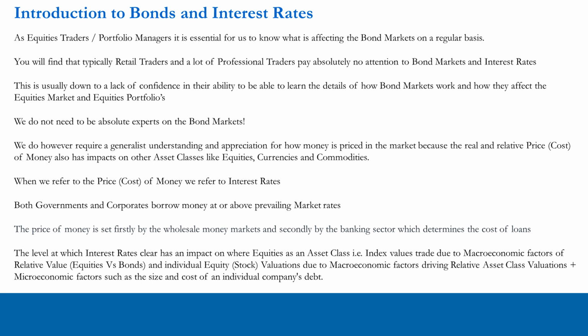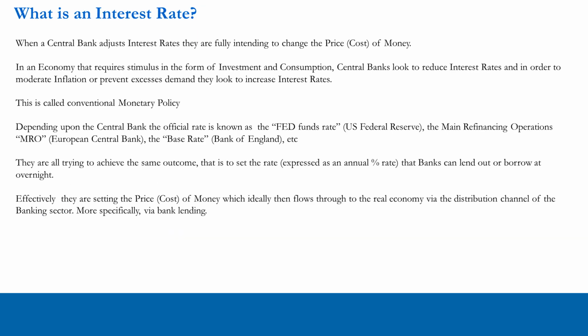Now, let's continue to try and understand here interest rates and the price or cost of money. When a central bank adjusts interest rates, they are fully intending to change the price of money, the cost of money. In an economy that requires stimulus, say in the form of investment and consumption, central banks look to reduce interest rates.